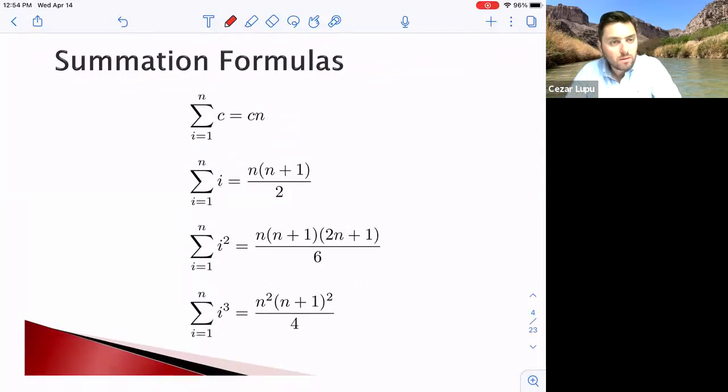I learned them when I was a freshman in high school, and we discussed the induction principle. So they can be proven using the so-called induction principle, but I'm not going to go into that here. The only thing I can say is, unfortunately, and I hate to say this, memorize them. Sorry about that. Let's see, the first one.